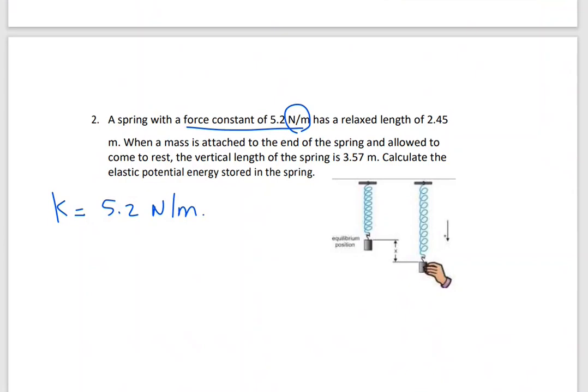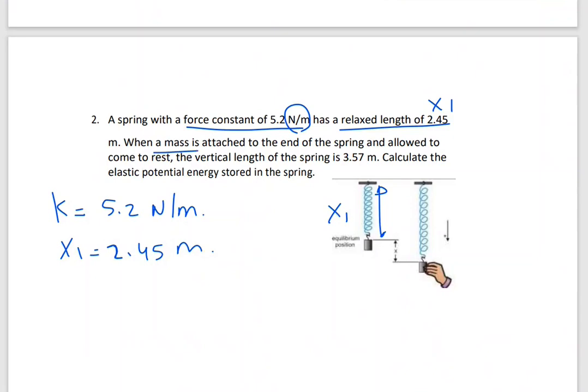It has a relaxed length. Relaxed length means the length before this spring is being stretched or compressed. So I'm going to call this one X1, from here till here. So X1 is 2.45 meter.